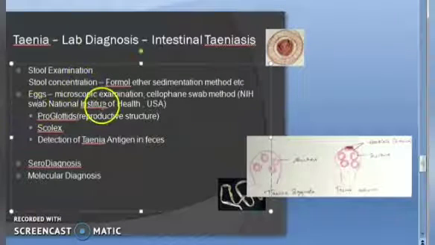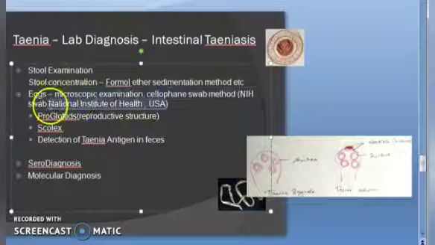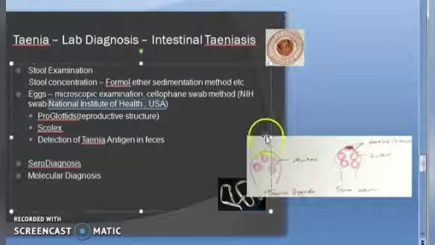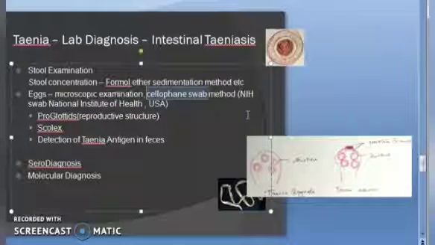NIH is actually National Institute of Health, USA. Here what you will do, they take normal cellophane tape. On the perianal area they will swab it with the cellophane tape.